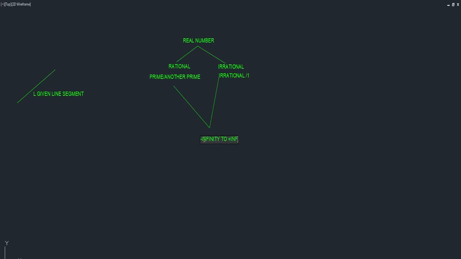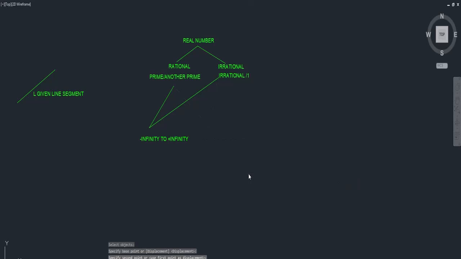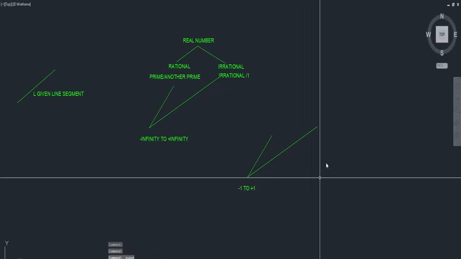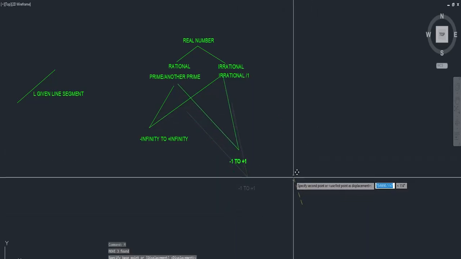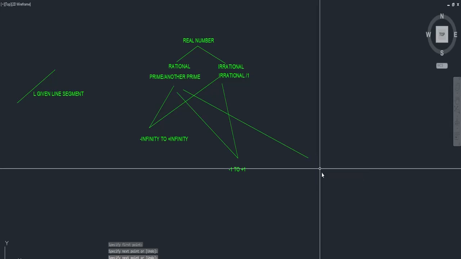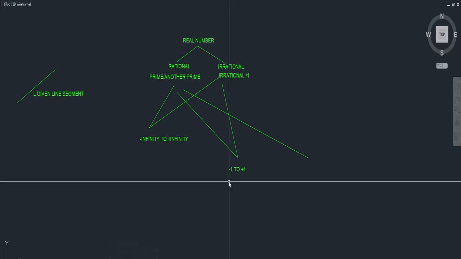Either it is within minus infinity to plus infinity, or it is like minus 1 to plus 1, or it is like minus infinity to minus 1, and plus 1 to plus infinity.